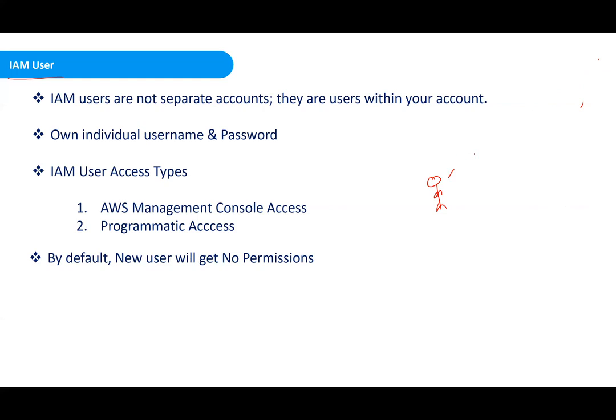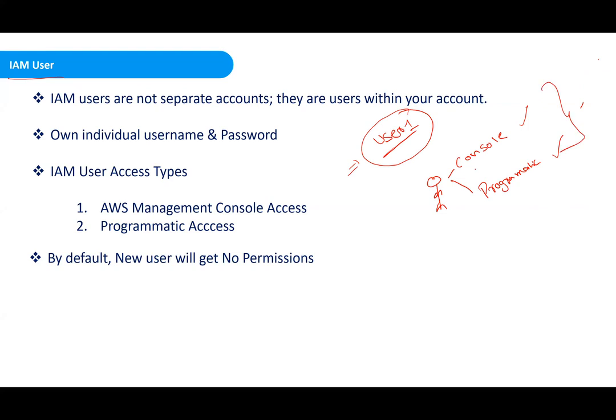One is console access type, and the second one is programmatic access type. Let us say I created one user account called user1. At the time of creating this user1, I have to select what type of access this user is looking for. Either a console or a programmatic or both type of access.